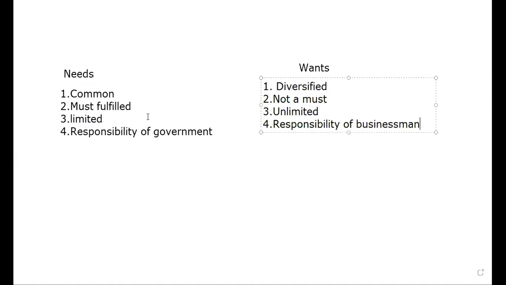For example, if people are starving from hunger, the government should give free of charge the food, the vaccine, free vaccination, everything. In education, the government gives free education, like in welfare economies such as Sri Lanka, where we can see free education up to university, free hospitals, free medication.